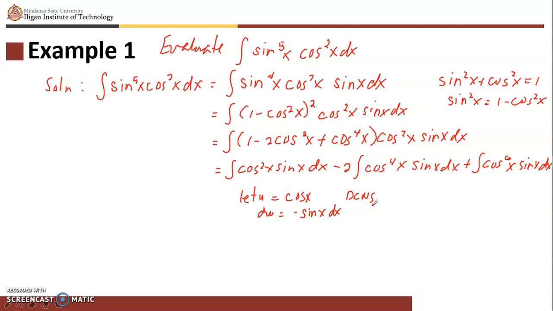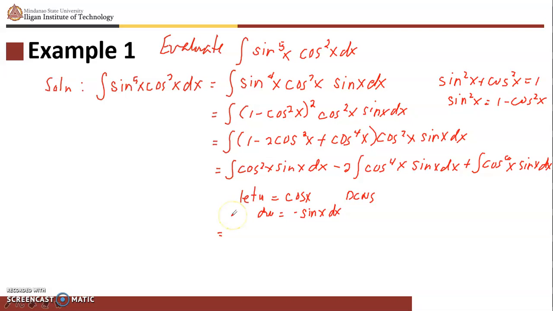Then we now have the following: cosine squared becomes u to the second power du.